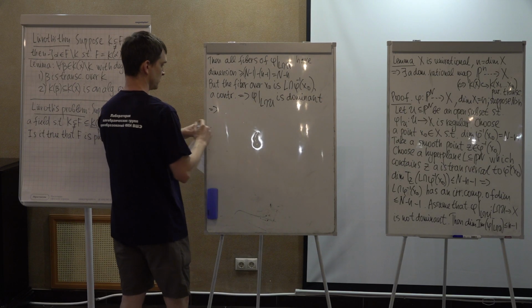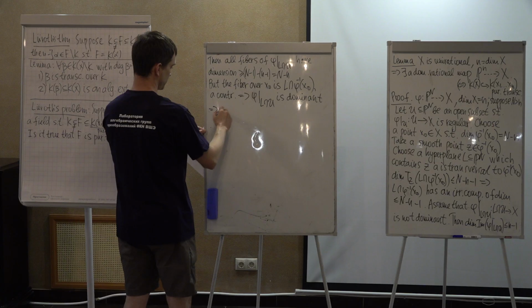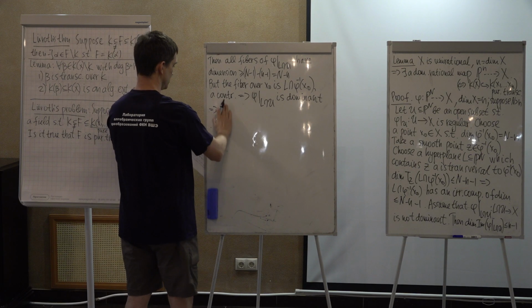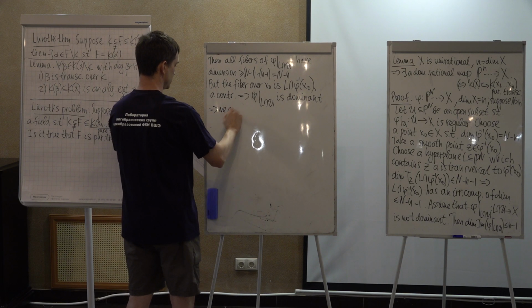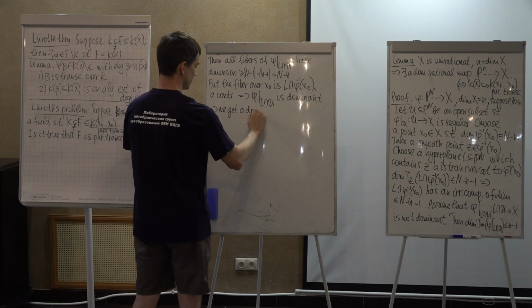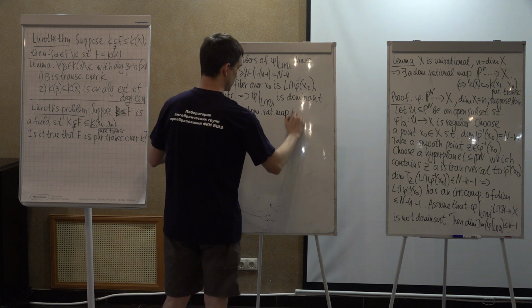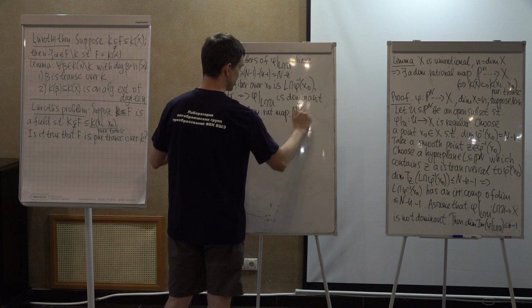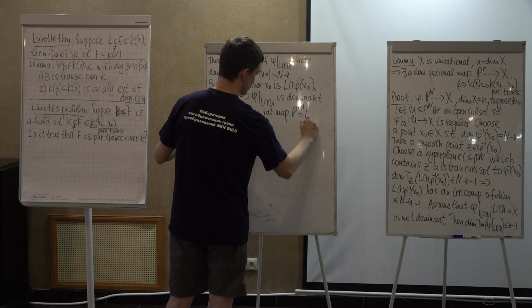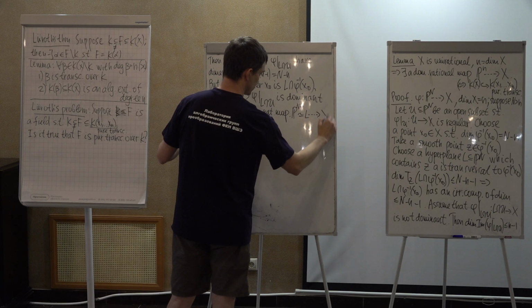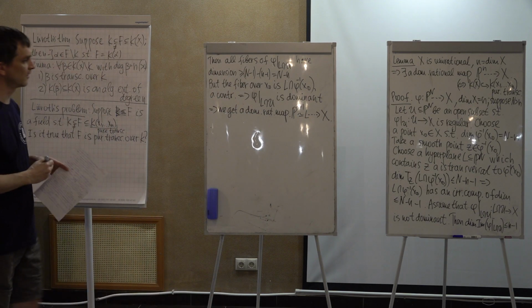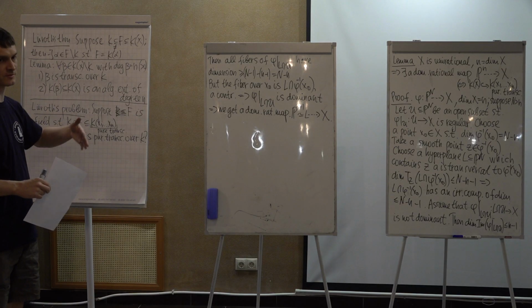We get a dominant rational map from L, which is P^(N-1), isomorphic to L, to X. So in this way, we can reduce the dimension of the projective space by 1.